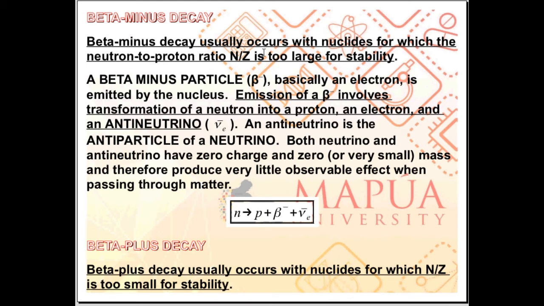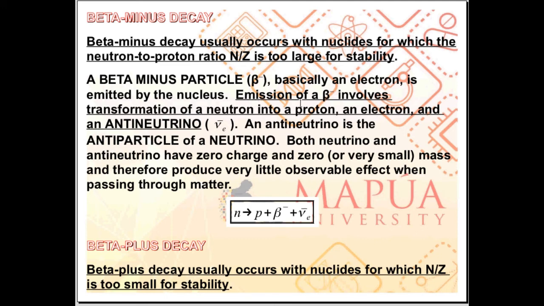N is very much larger than Z. A beta minus particle is basically an electron emitted by the nucleus. So, an electron emitted by the nucleus, you have a beta minus particle.